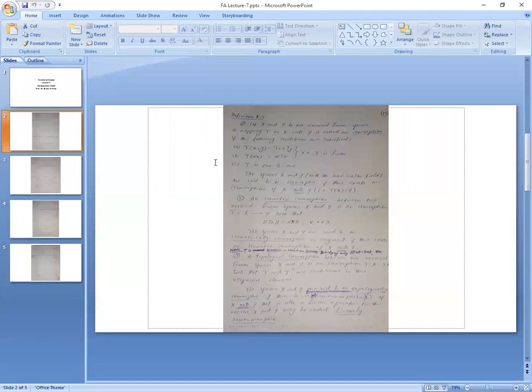And the two normed spaces X and Y are said to be isomorphic if there exists an isomorphism from X onto Y. So note this condition: onto.